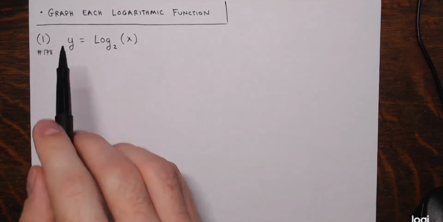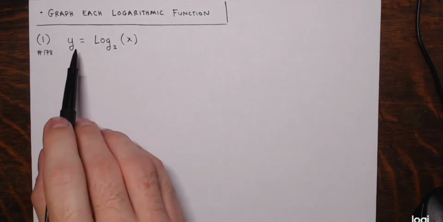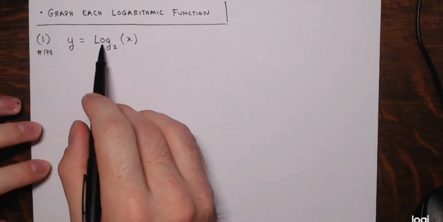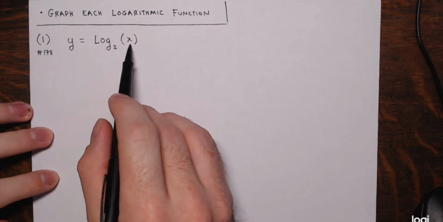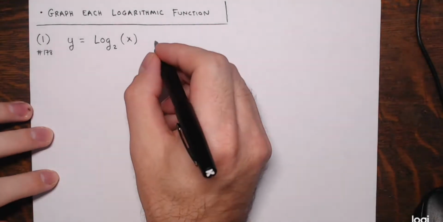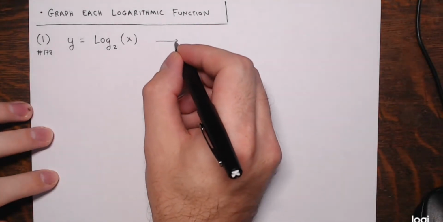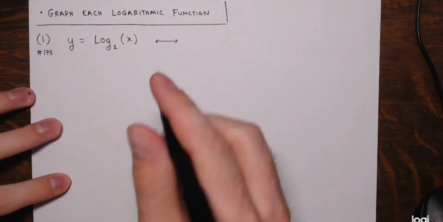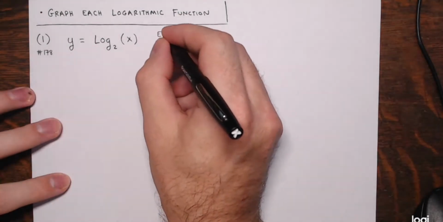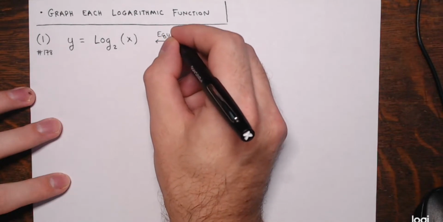So the first one, we have y equals the logarithm, base 2 of x. Now, don't forget that a logarithmic statement is equivalent to an exponential statement.